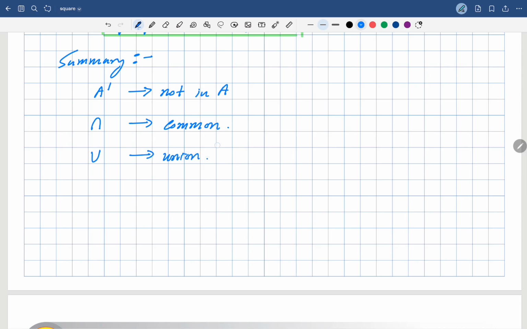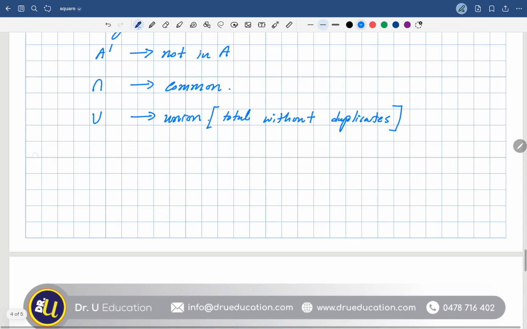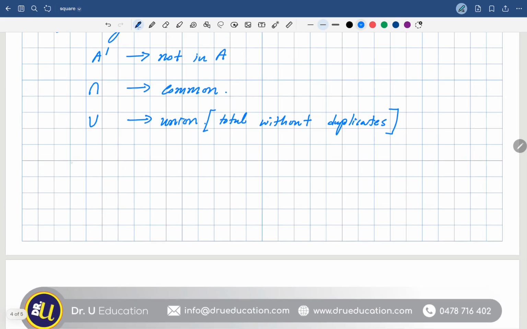Union means total, total without duplicates. Why did I put this duplicate term? Because sometimes we double count, so we have to stop this double counting. Okay, so we'll try to understand the union part.